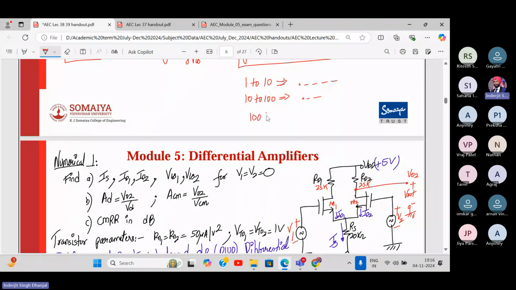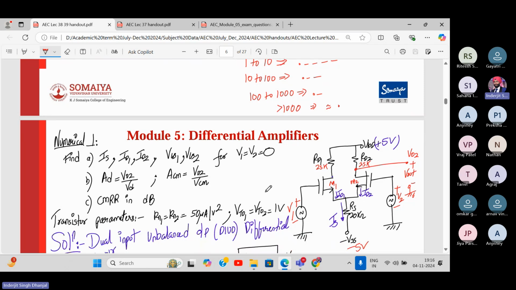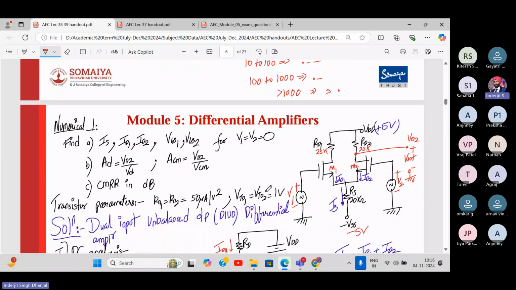If the value is 100 to 1000, you can write up to 1 decimal, and beyond 1000, no need to write. You can approximate it after decimals. Understood this? If the value is between 1 to 10, up till 4 decimals, and if it is below 1, then up till 5 decimals. That's the general rule of thumb.